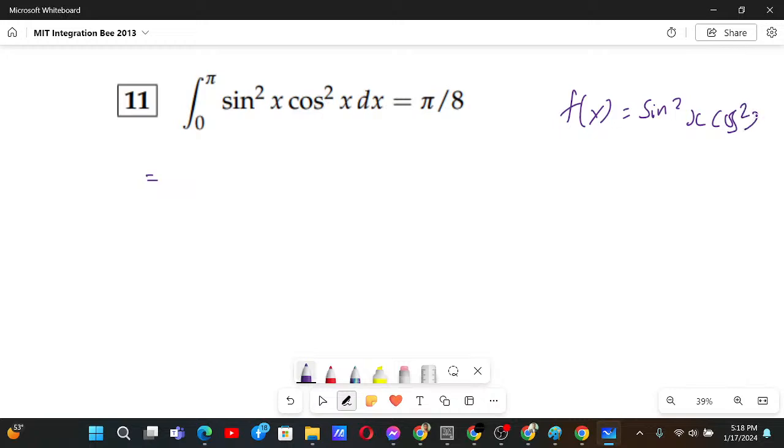Now for this, even if it's pi by 2 minus x or pi by 2 plus x, both of these values are going to be the same, isn't it? This will be cos square x, and this is minus sin x, but it's squared, so sin square x. See, it's the same.